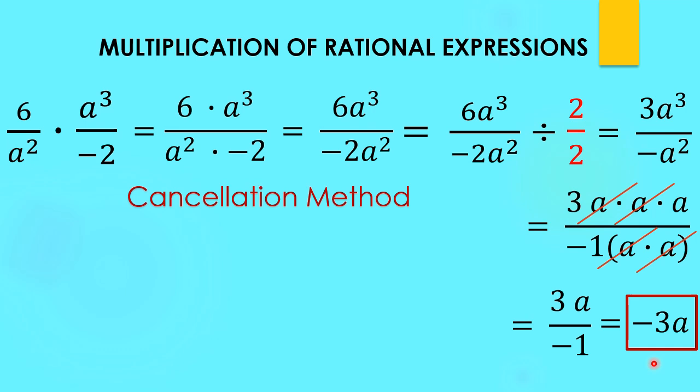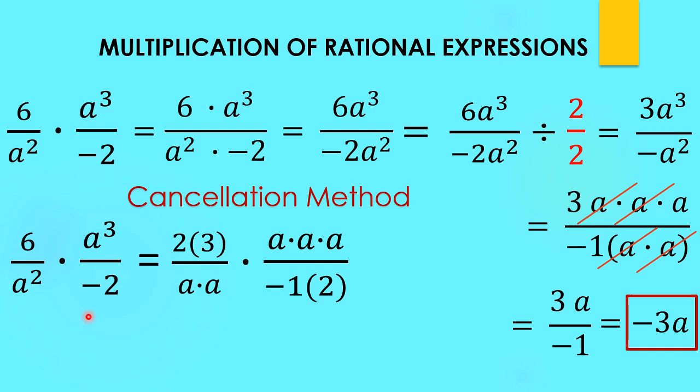So let's use the cancellation method to see if we're going to get the same answer. Using the same given rational expressions, 6 over a squared times a cubed over negative 2. So 6 can be written as 2 times 3, or we can factor this number.